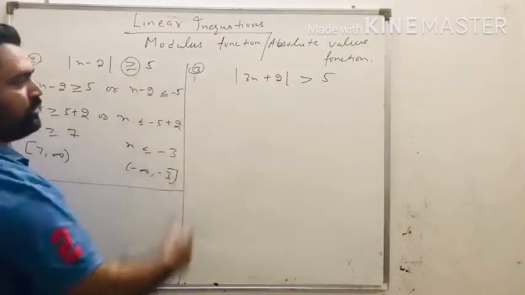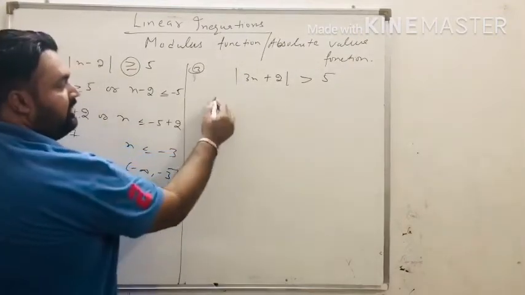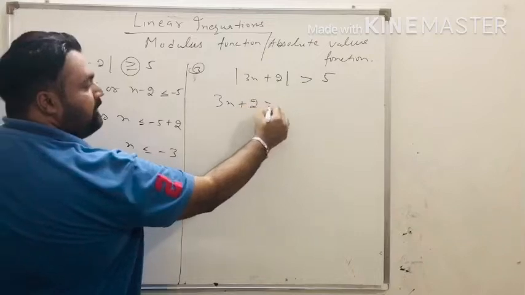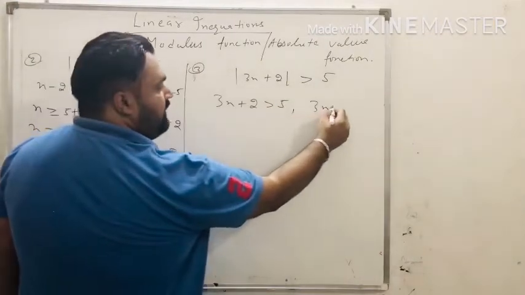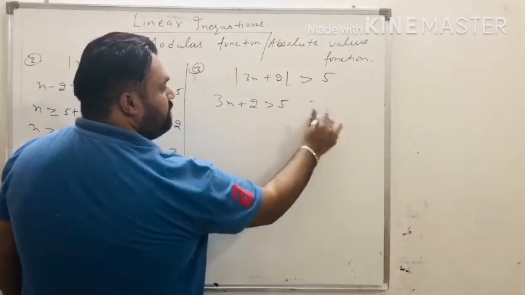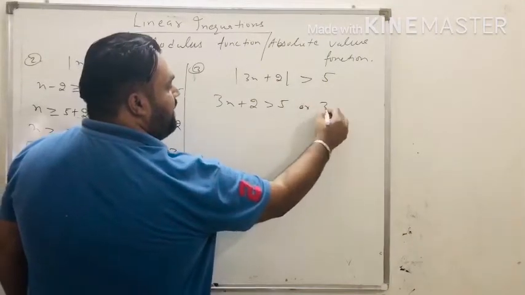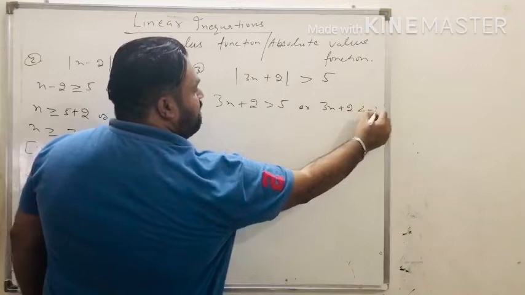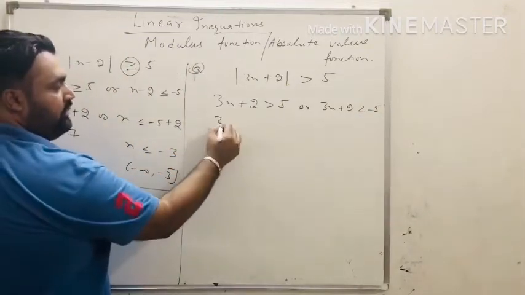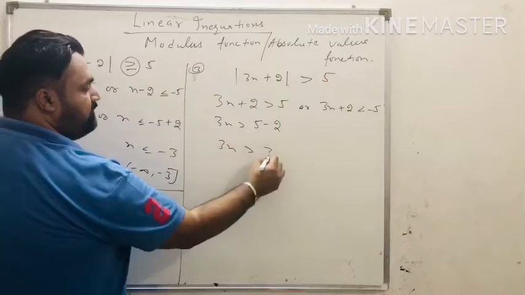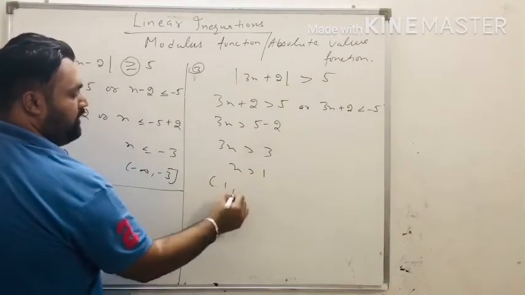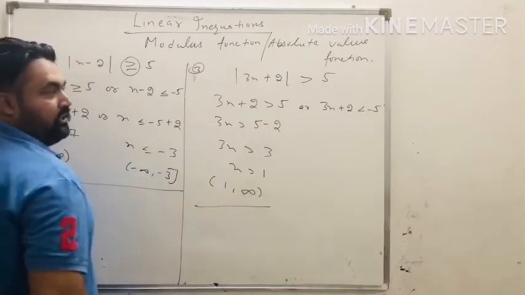Now we shift to this question. Again the sign is greater than. Either 3x plus 2 greater than or equals to 5 or 3x plus 2 less than or equals to -5. So 3x greater than or equals to 5 minus 2, 3x greater than or equals to 3, x greater than or equals to 1, 1 to infinity.